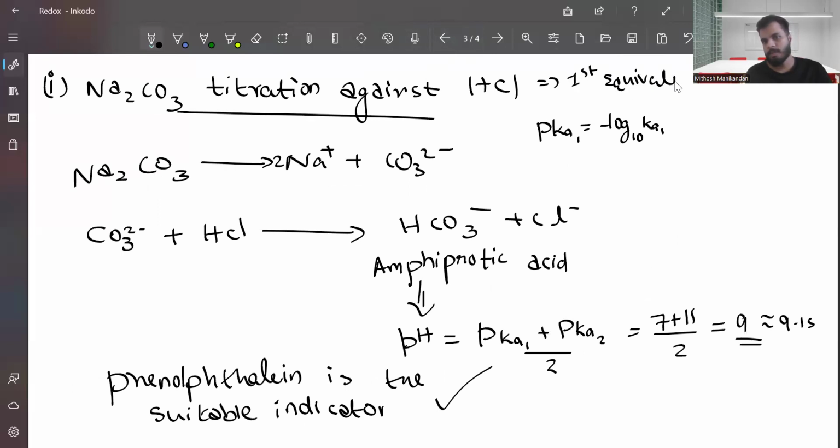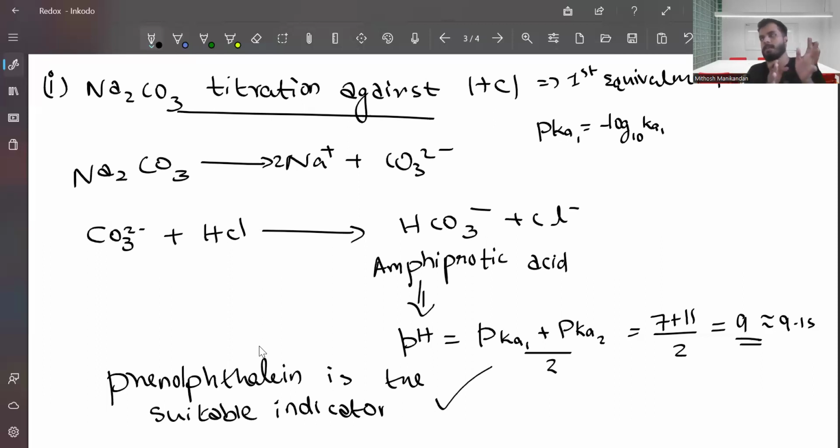What do you mean by first equivalence point? You see, the solution was basic and we are adding acid, so the pH is decreasing. And this is what will happen first: Na2CO3 will get converted into NaHCO3, that is HCO3 minus. So this is the first equivalence point, meaning phenolphthalein will show the color change around this pH, right?